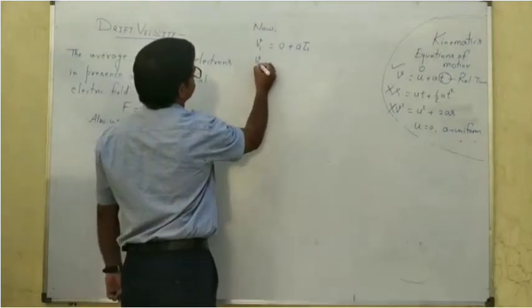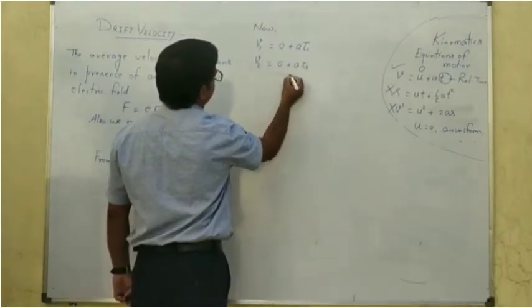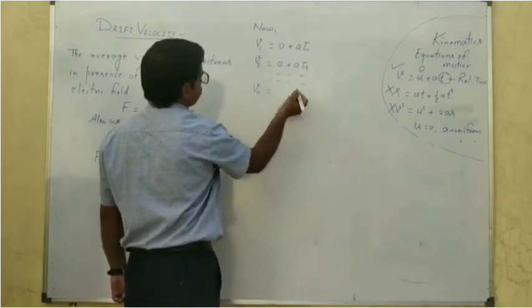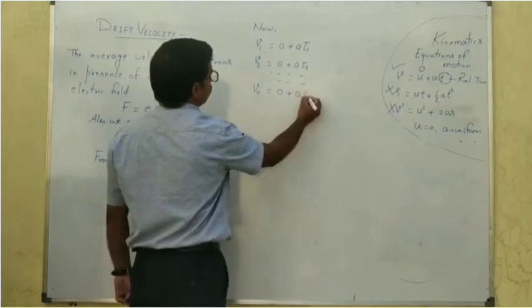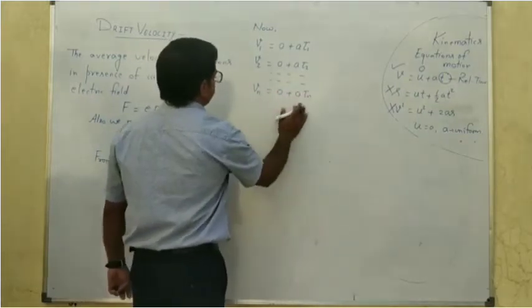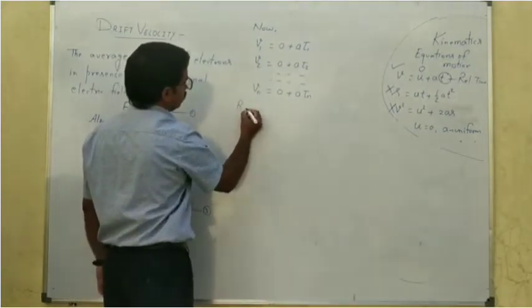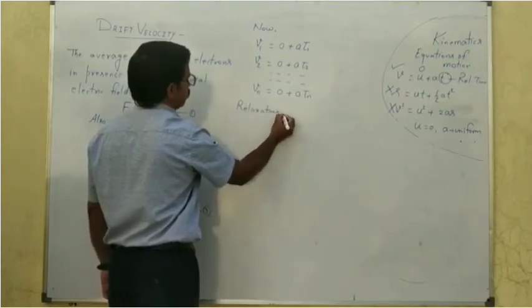Similarly, v2 is equal to 0 plus a tau 2 and so on. For the nth electron, the last electron, the final velocity will be 0 plus a tau n. Here tau is the relaxation time, a new term.